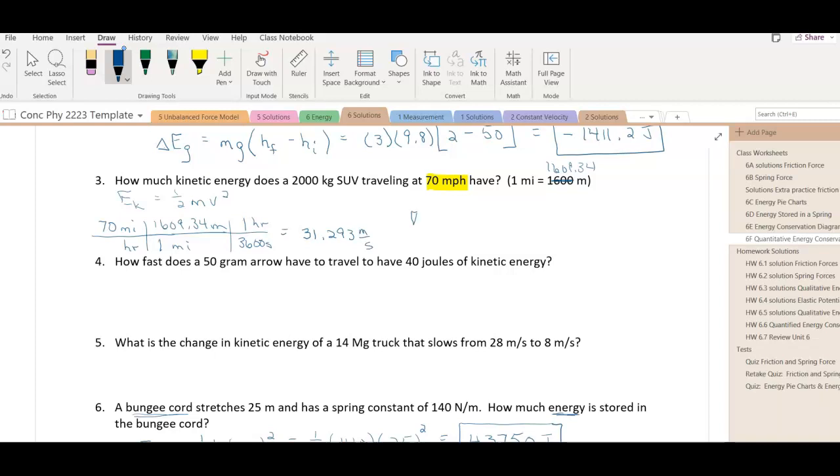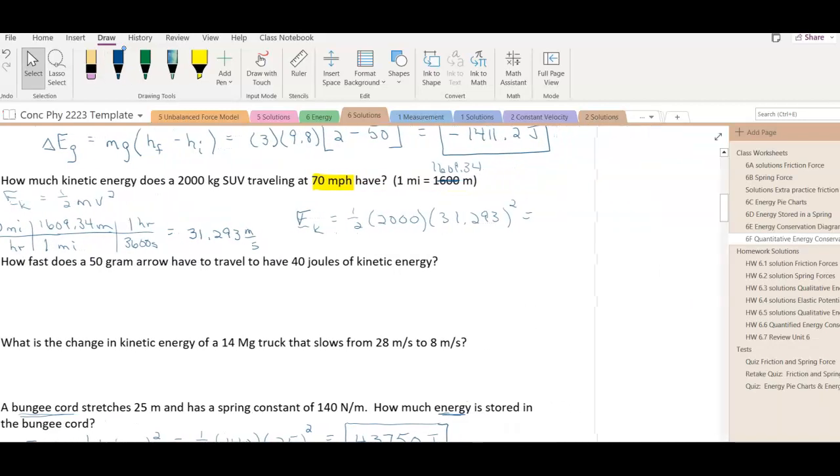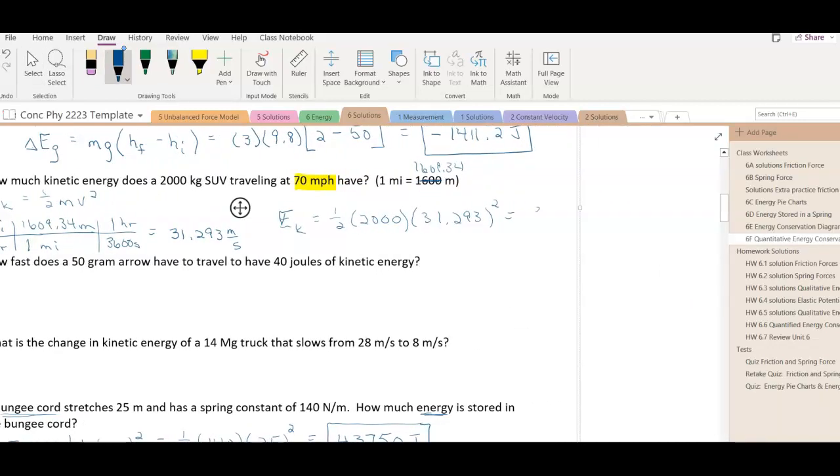Okay, so I can find the kinetic energy of this SUV. It's half of its mass multiplied by its velocity squared. Which is very big. It's 979,234 joules.